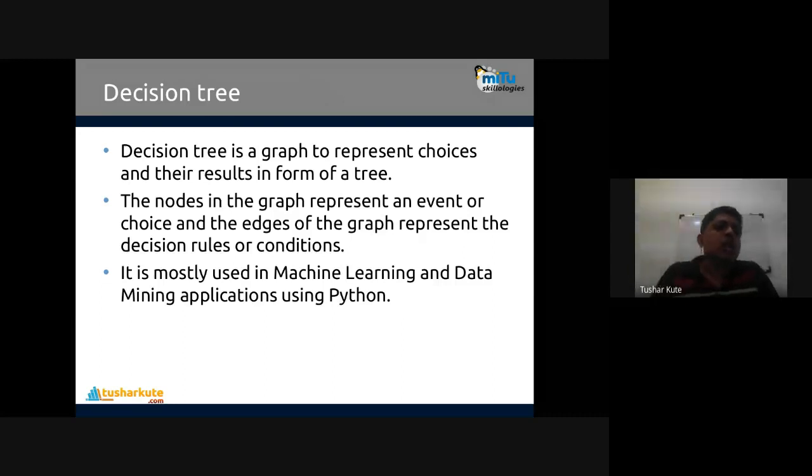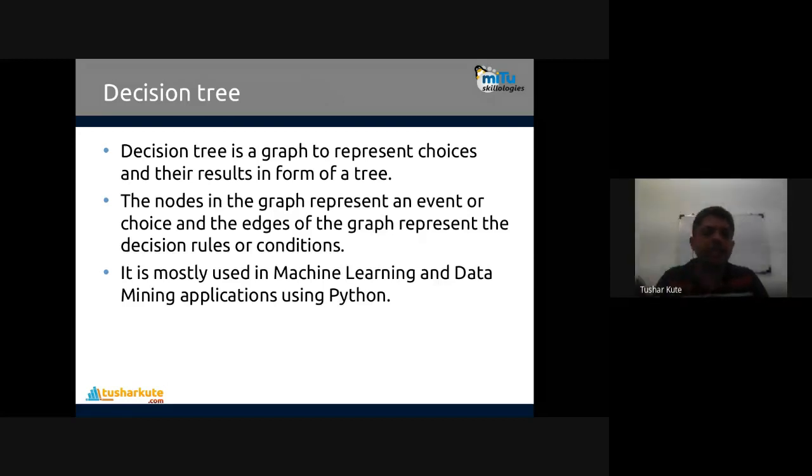In this tree, the nodes in the graph represent an event or choices, and the edges of the graph represent the decision rules or conditions. Nodes contain the event, meaning the choice, whether you have to go for the first option or second option. These choices are present at the leaf nodes, the end nodes.